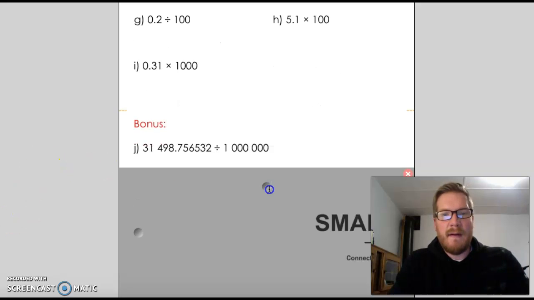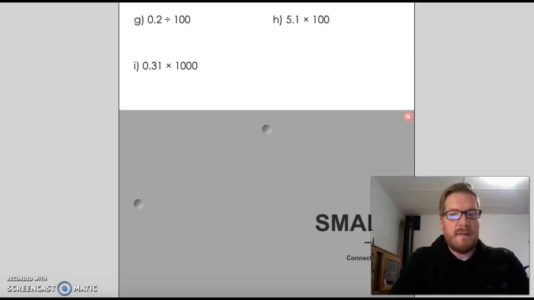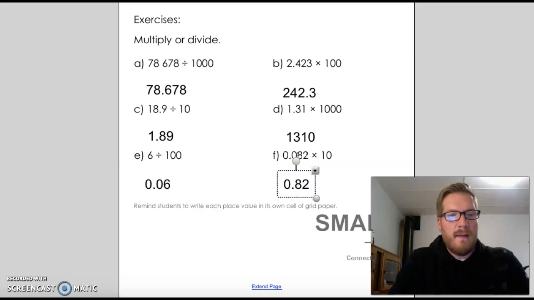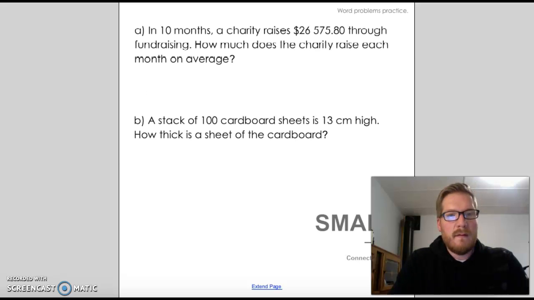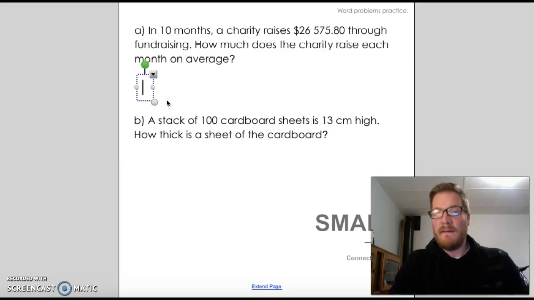Some extra practice there and a bonus. I'm just going to skip that one and go on to this one. In 10 months, a charity raises $26,575.80 through fundraising. How much does the charity raise each month on average? You can pause it, solve it on your own, and pick it up after.